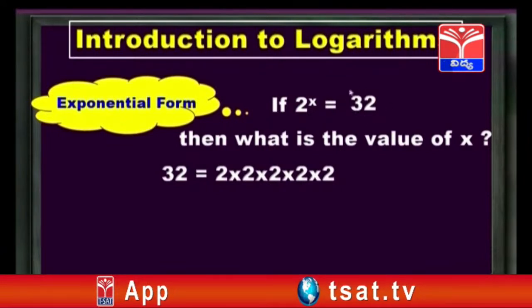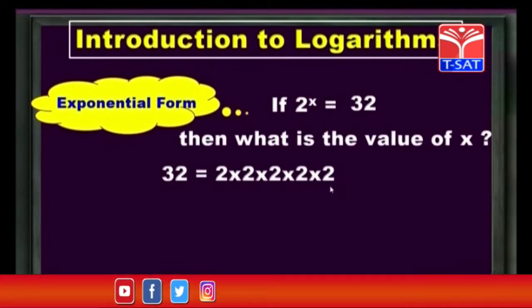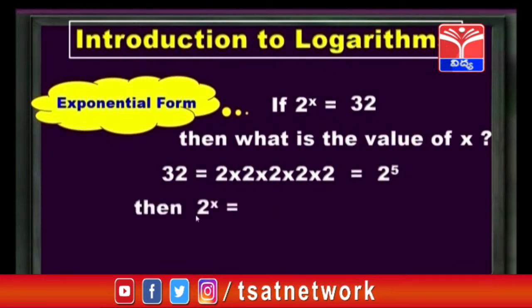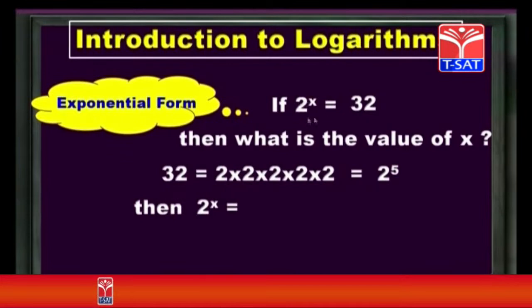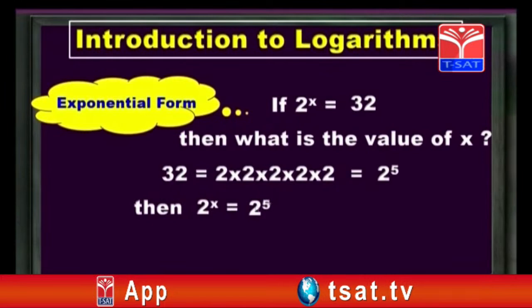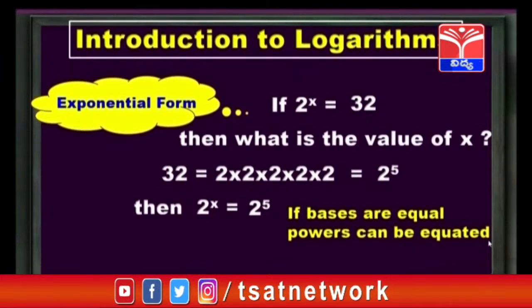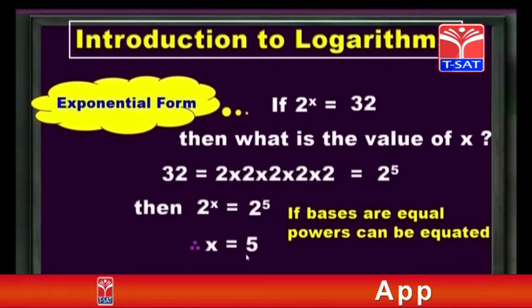While writing 32 in the exponential form, you can write 2 times 2 times 2 times 2 times 2, which is equal to 2^5. Then 2^x is equal to 32, we can replace by 2^5. So 2^x is equal to 2^5. Here we can say, if the bases are equal, the powers can be equated. So 2^x is equal to 2^5 means x is equal to 5.